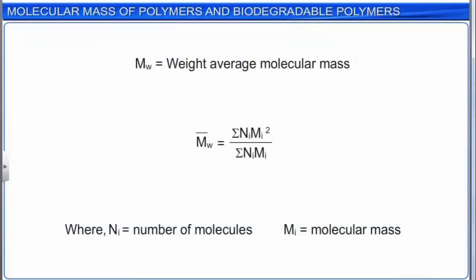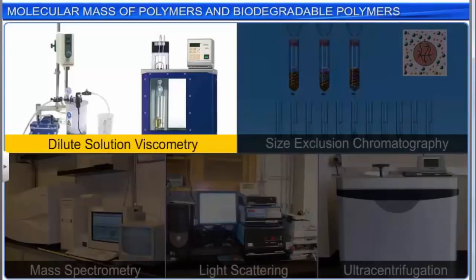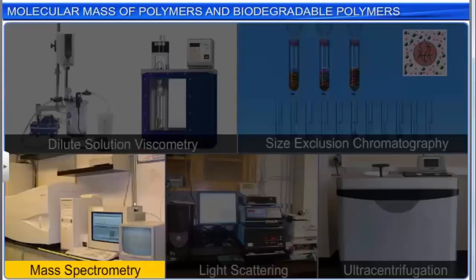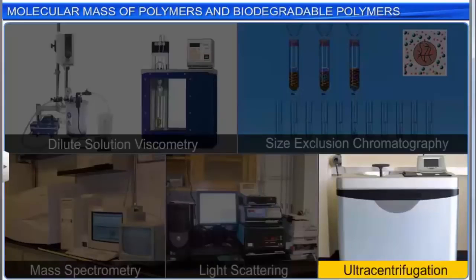The formula to calculate Mw is given here. The molecular mass of polymers may be determined by a variety of methods. These include dilute solution viscometry, size exclusion chromatography, mass spectrometry, light scattering, and ultracentrifugation.